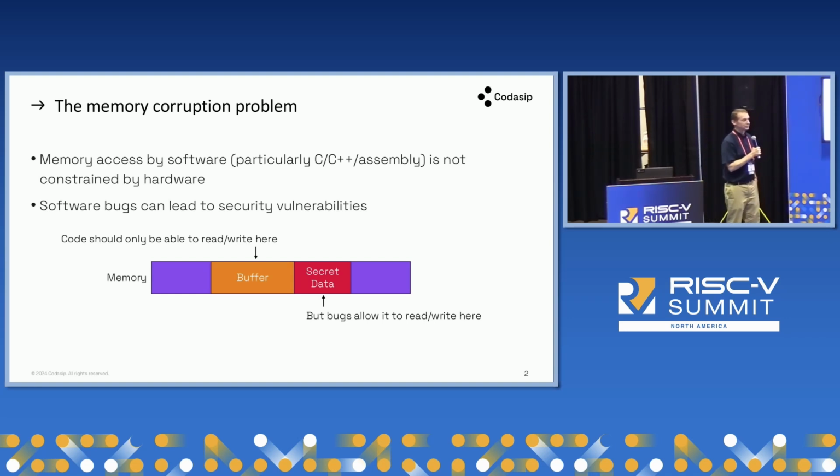So if you have a buffer, by modifying the integer value, then you can read off the end of the buffer and access something that you shouldn't. So either read or write. And this is typically either as a security exploit or just as a bug in the software. And this is just memory corruption.